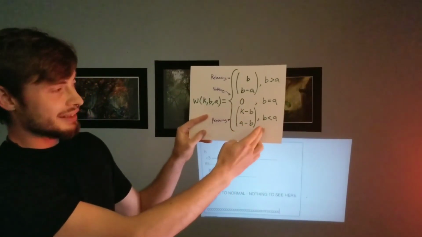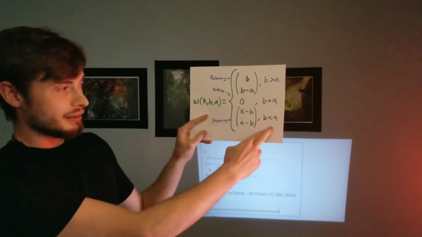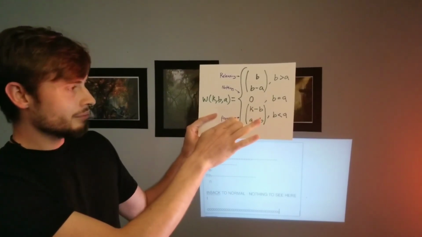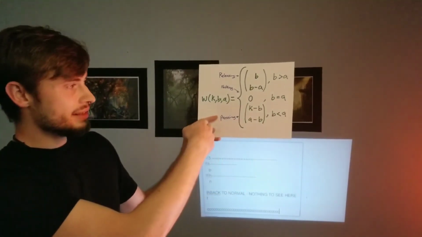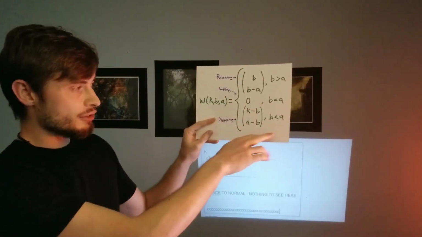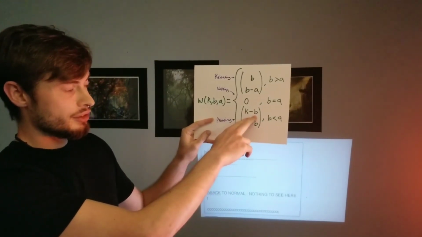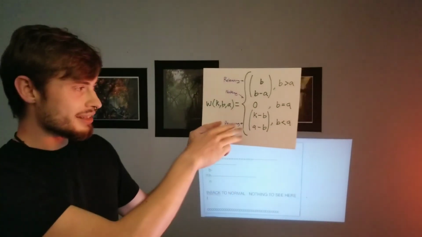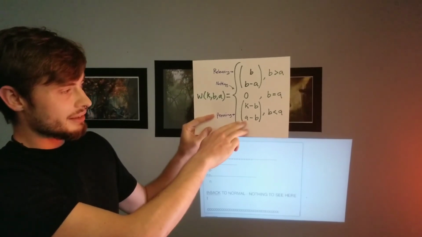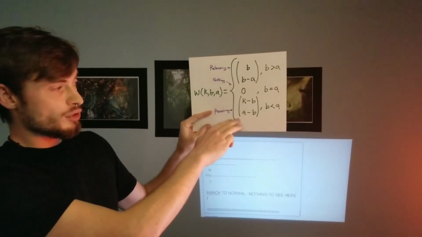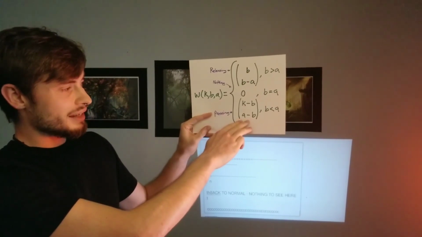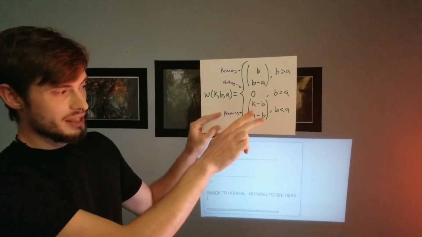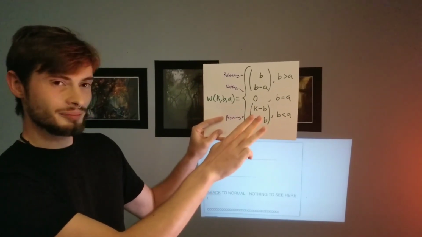And finally, if B is less than A, you had less keys pressed, and you pressed some of them, then that's, you know, pressing, selecting from k minus the already pressed keys. You can't, as before, press a key that's already pressed. And we select the number of keys pressed after, subtracting the number of keys pressed before, that is to say, the number of keys that were pressed during this transition.